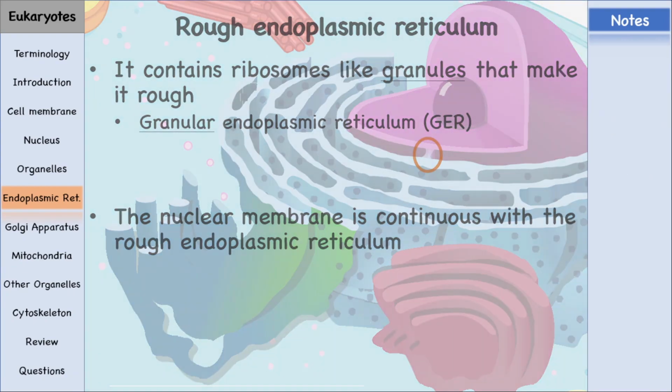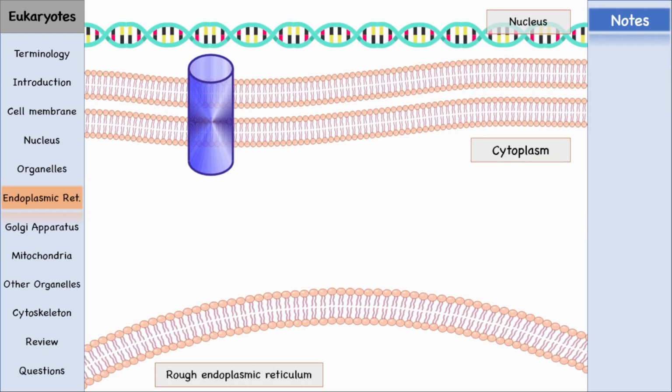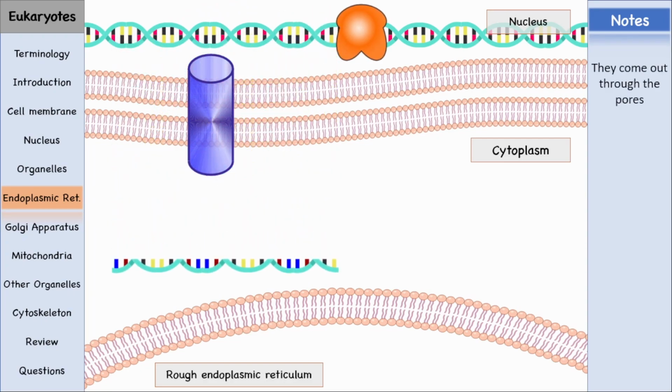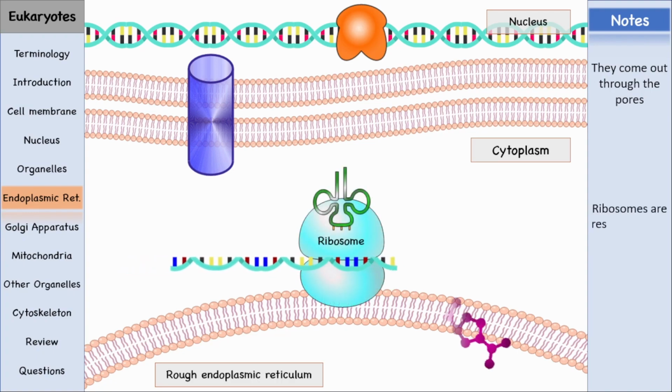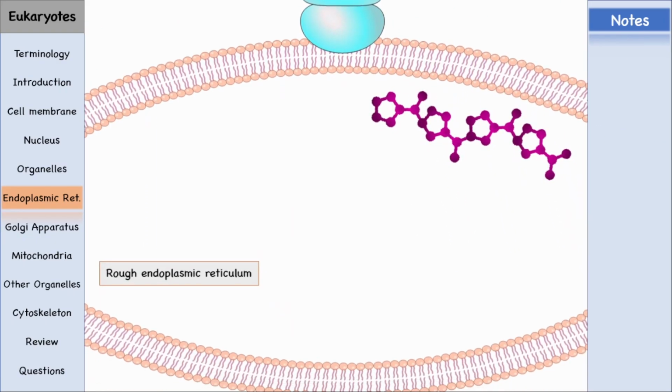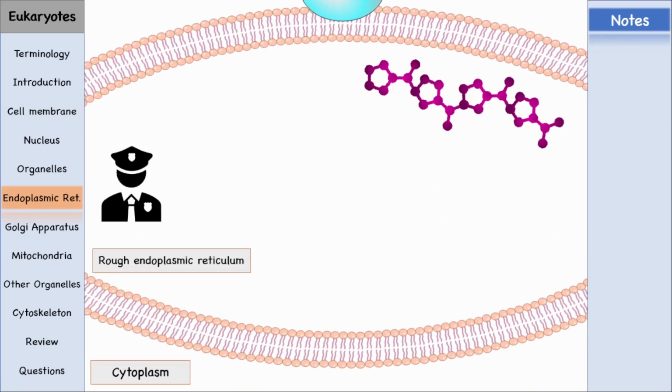In the process of protein synthesis, the genetic material is transcribed in the nucleus and then sent to the outside, so the endoplasmic reticulum receives the genes that came out of the nucleus and the ribosomes translate them into proteins. Then the endoplasmic reticulum does its special job, which is to check and verify the protein. Is it suitable for the required function or not?